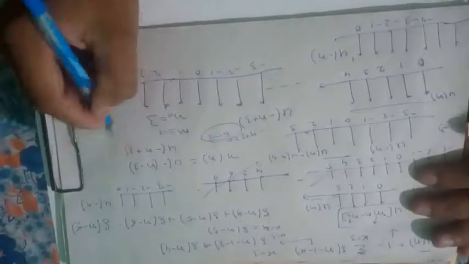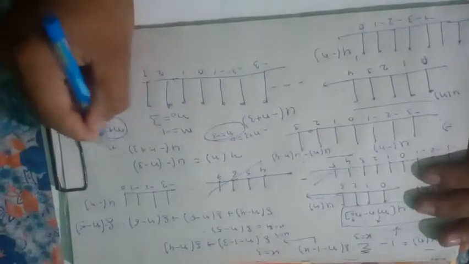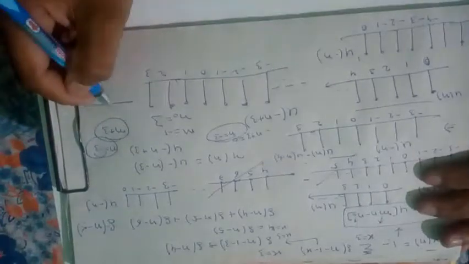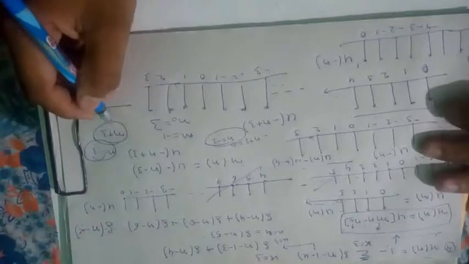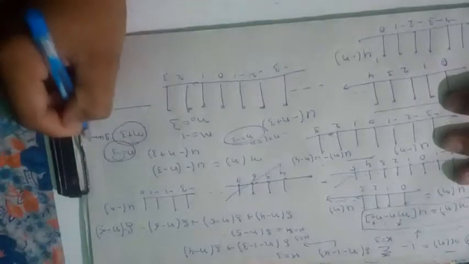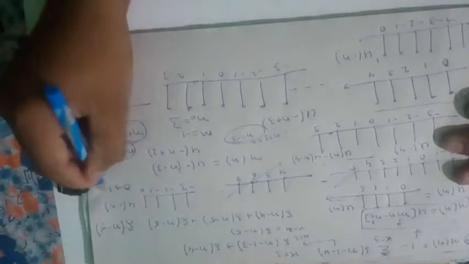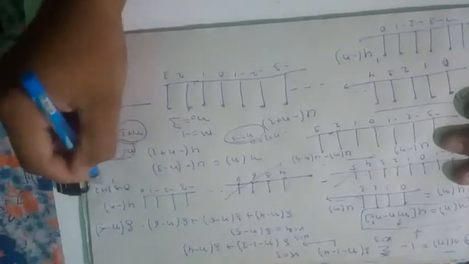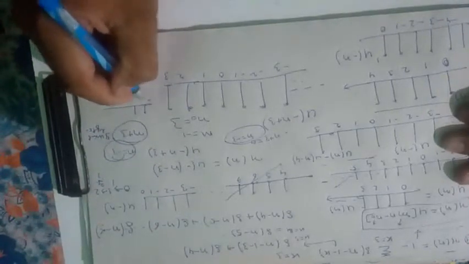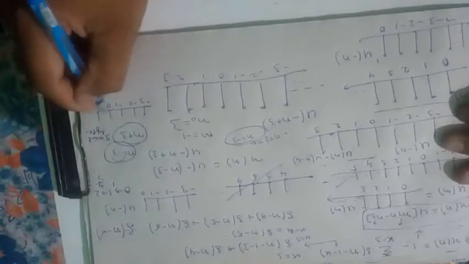Or we can do it this way: first shift by n plus 3, which means n equals minus 3. It is shifting this side, the unit step function is shifted 3 units to the left, so 0 comes to 1, 1 comes to 2, and 2 comes to 3, and so on. So it is minus 3, minus 2, minus 1, 0, 1, in this fashion.